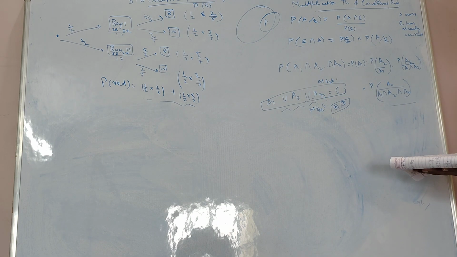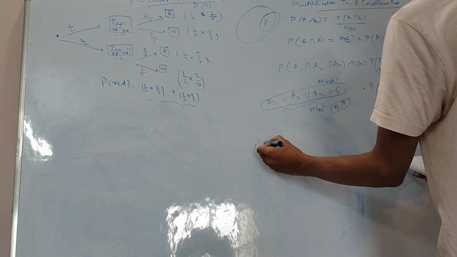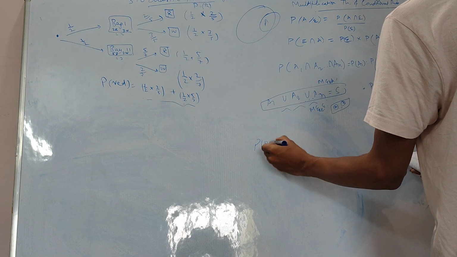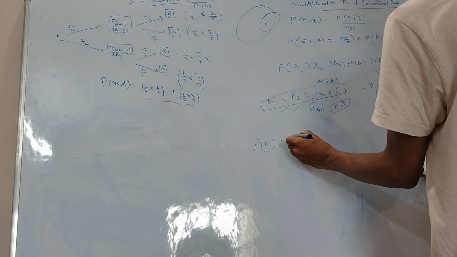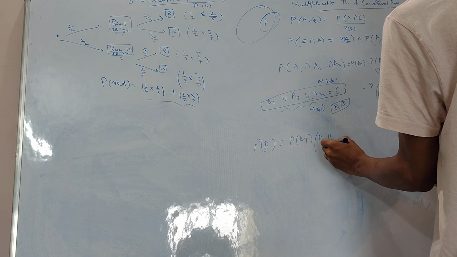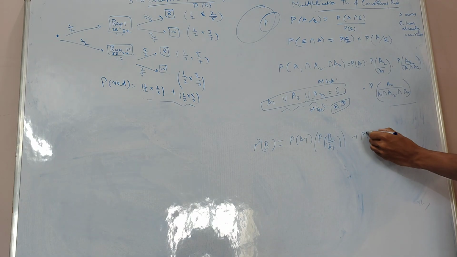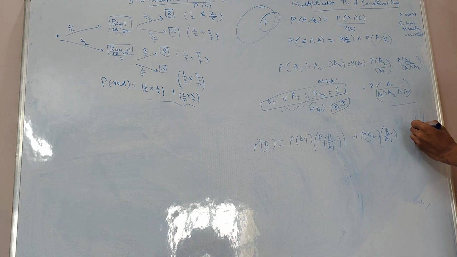Now, suppose B is any event. The probability of B will be given as the probability of A1 times the probability of B given A1, plus the probability of A2 times the probability of B given A2, plus up to the probability of AN times the probability of B given AN.